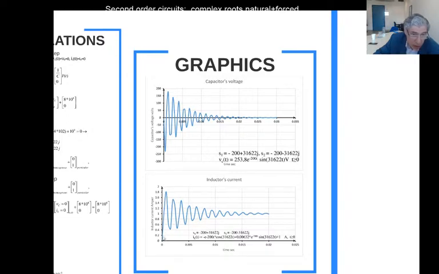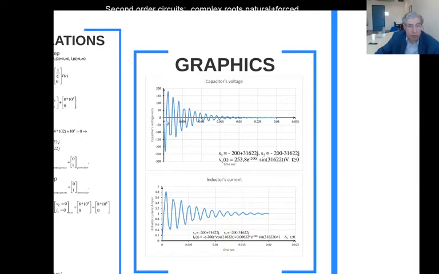That means current starts from 0. That's the 0 point, and that's the 0 point. Why is that? Because we said the forced solution is the solution related with the independent source. Initial conditions are 0. So that is the expected result that we've got to observe.